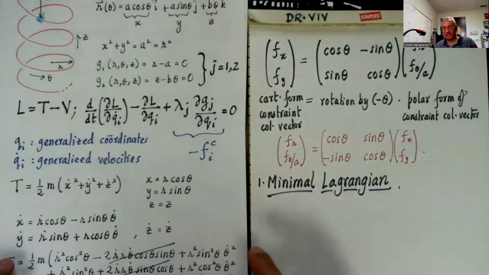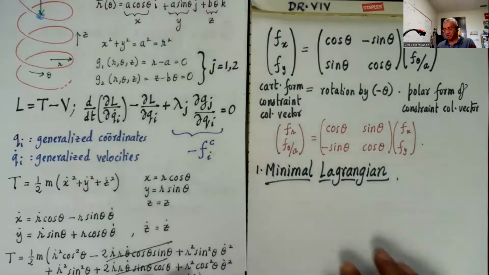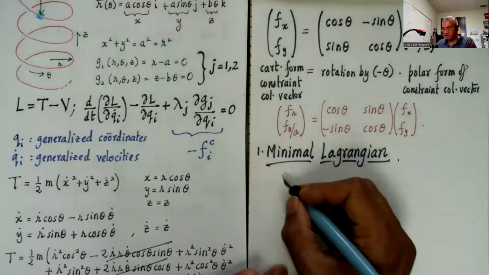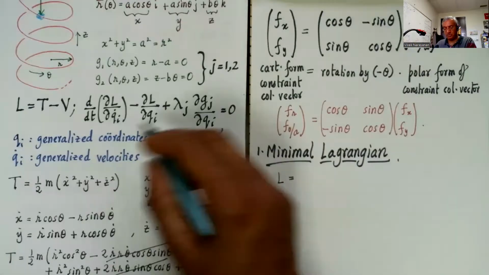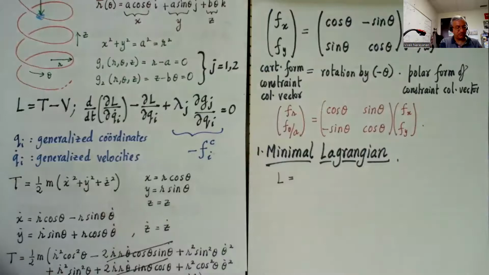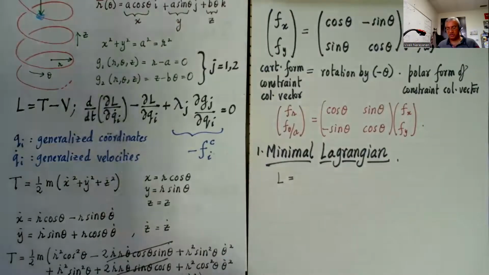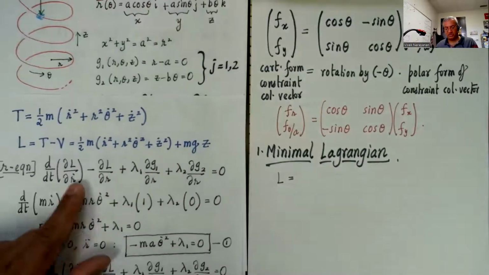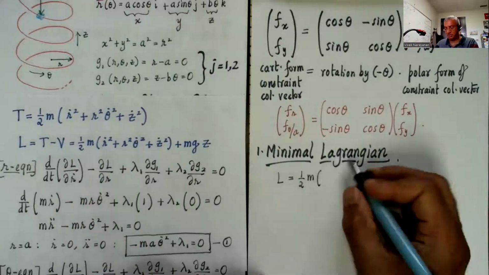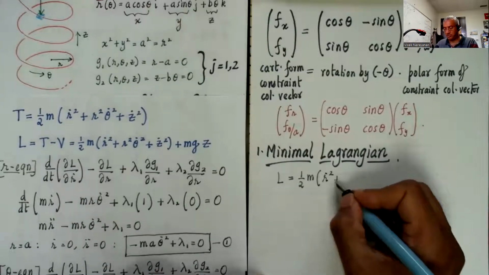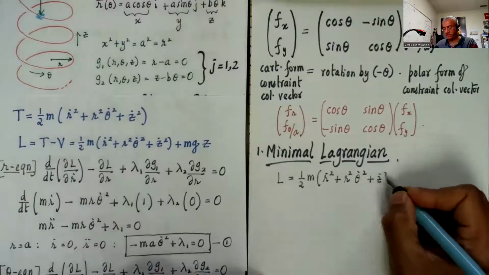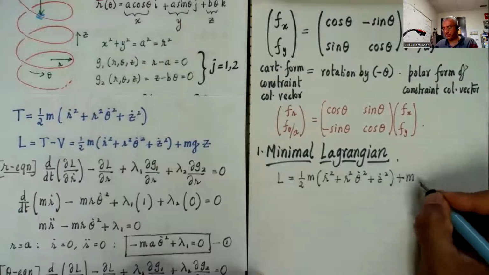So the constraints, I put that sheet back there so you can see what the procedure is going to be. The Lagrangian L, the non-minimal Lagrangian, which actually was over here, is 1/2 m (r dot squared plus r squared theta dot squared plus z dot squared) plus mgz.